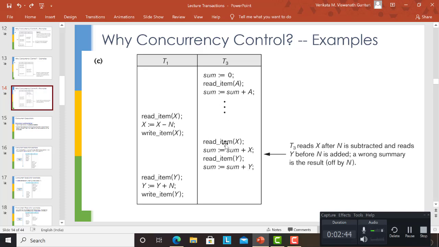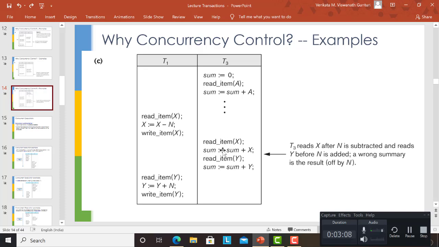This is a big transaction. It is reading a lot of account balances and creating the sum, right? Now if these transactions are processing in the middle of transferring money from one account to another, you will not get a correct sum, right?